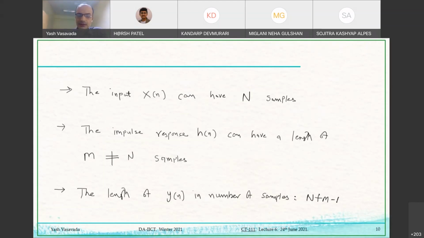So therefore, in the earlier example, where both x and h were having length of 3, the output was having length of 5. In the other example of Georgia Tech, both x and h were having length of 10. And therefore, the output length was 19.